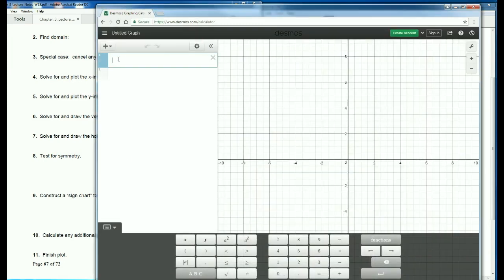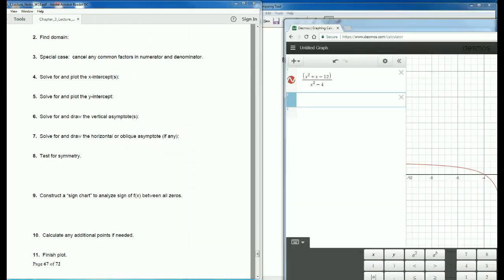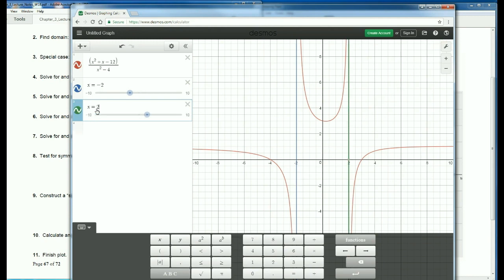And then I'm just going to type in the function we started with, which was x² plus x minus 12 divided by x² minus 4. Looks basically like what we just made. We can add in our vertical asymptotes, x equals -2, x equals 2.